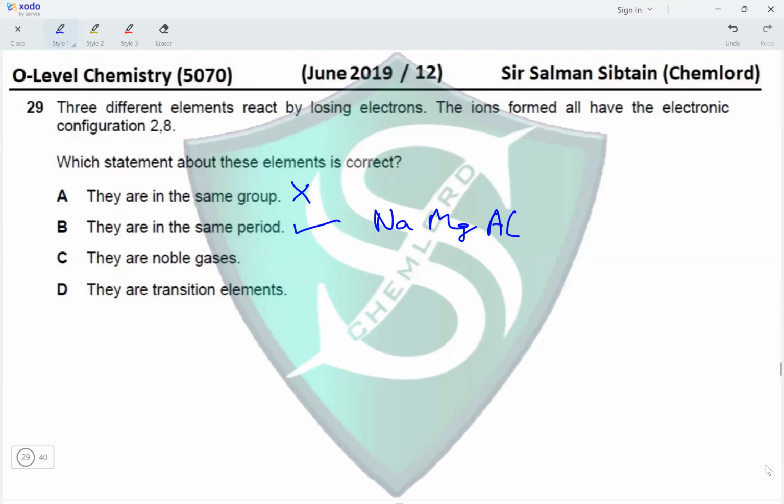Sodium will form Na+, magnesium will form Mg2+, and aluminum will form Al3+ ions, and all of them will have their second shell completely filled with electrons, a noble gas configuration. Are they noble gases? None of them are noble gases. Are they transition elements? No, they are not transition elements. They belong to period 3. So this makes option B the correct option for this question.